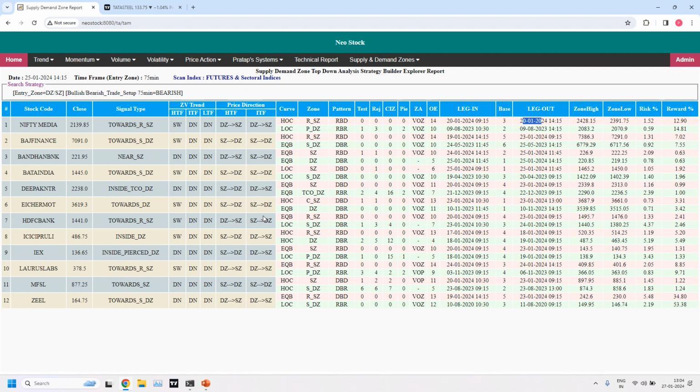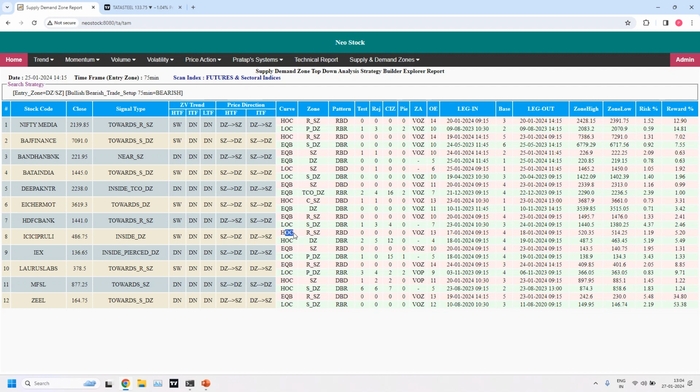Let me take one stock here. So this is a fresh zone, ICICI Prudential.